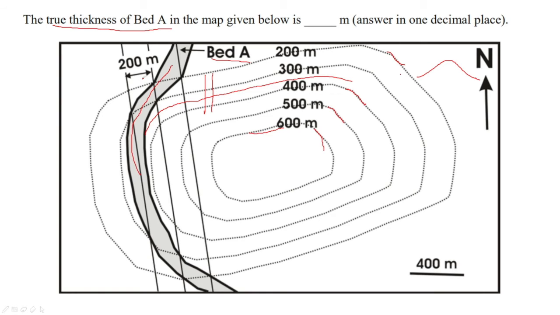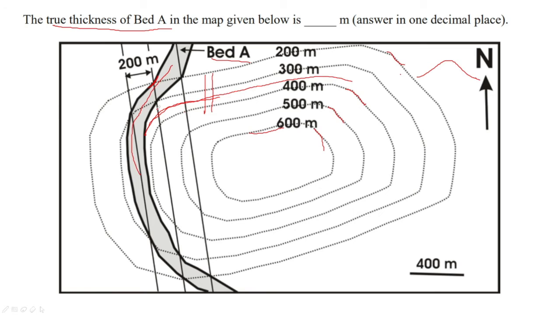As you can see here, the outcrop is cutting the elevation contour, but if the bed would have been horizontal, it wouldn't have cut it anywhere. So from this curving pattern we can infer that yes, this is a dipping bed having a particular attitude.